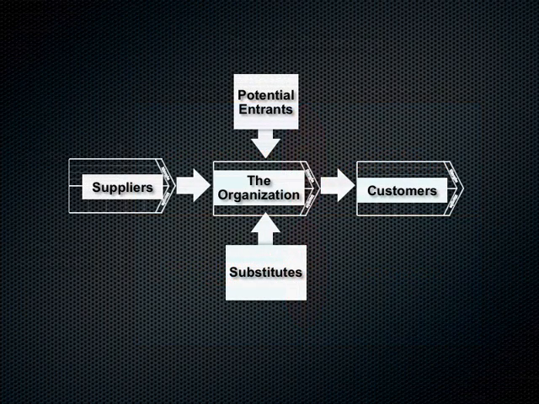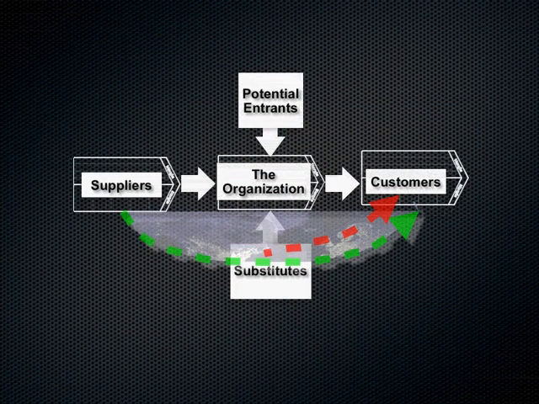We take a look at the model again, but in a little different way, and we see the impact that IT has on the market. If we are able to bypass the competitiveness in the middle, here labeled the organization, in other words, if suppliers are able to directly interact with customers, or substitutes are able to directly interact with the customers, then all of a sudden the organization finds that it's been bypassed, and the customers are going directly to suppliers.